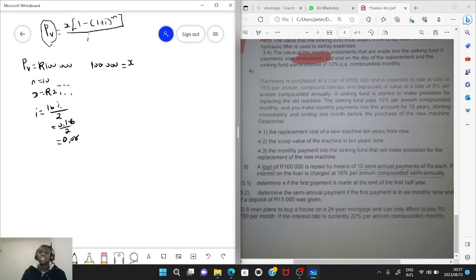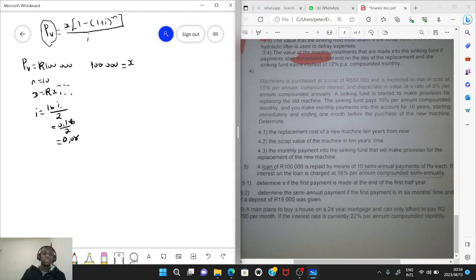We know the moment they say at the end of, it's an ordinary annuity. We don't have any effect on n. Our n stays at 10, right? We don't add one because it's an ordinary annuity, at the end of.